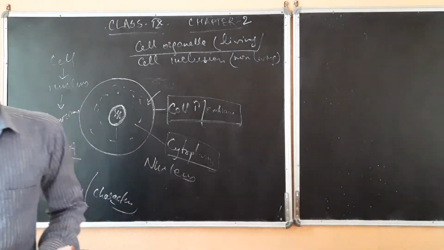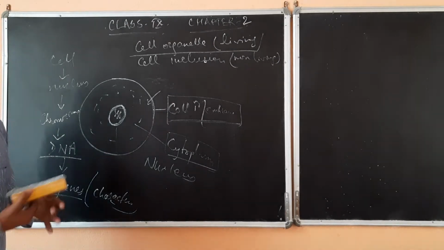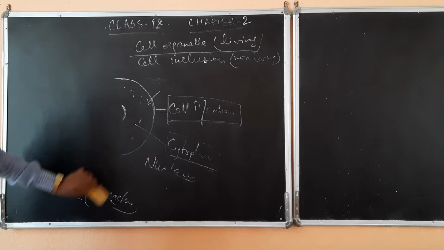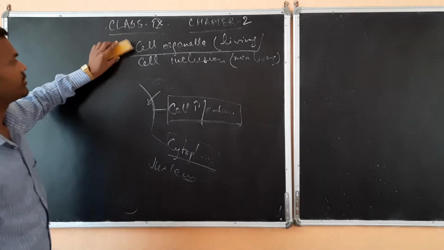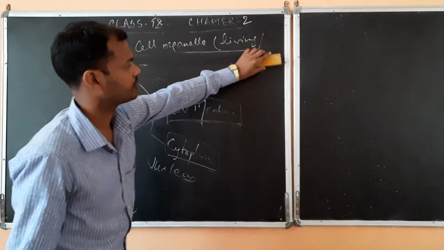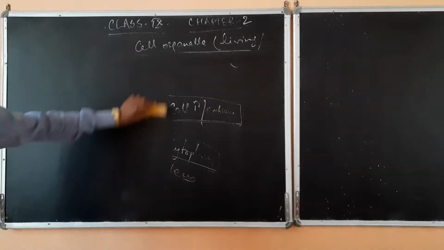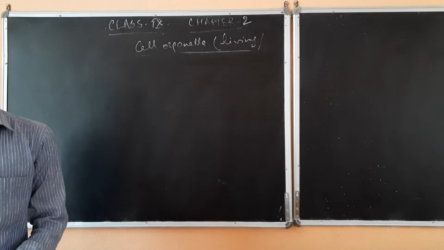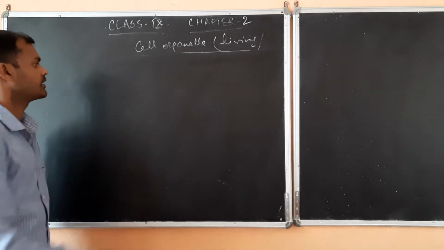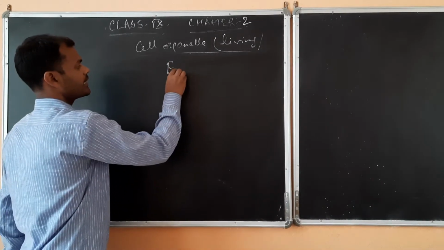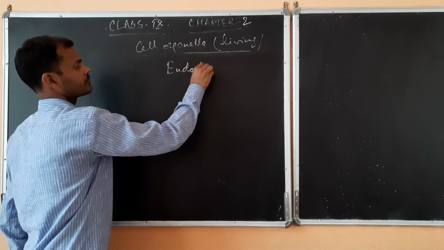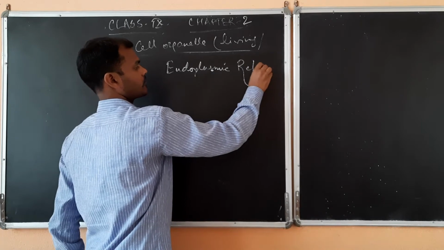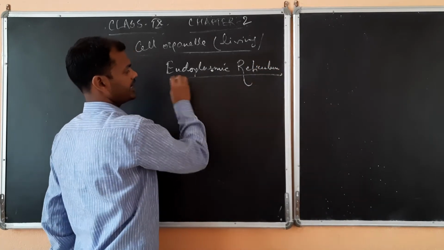Now we will come to the first cell organelle, that is the endoplasmic reticulum. Cytoplasm we have seen. The endoplasmic reticulum is also called ER.